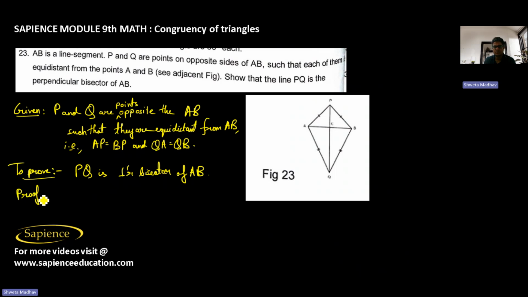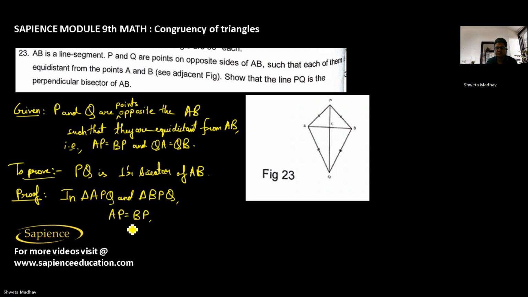So we will write the proof. In triangle APQ and triangle BPQ, we can say that AP equal to BP and QA equal to QB. And PQ is the common side.